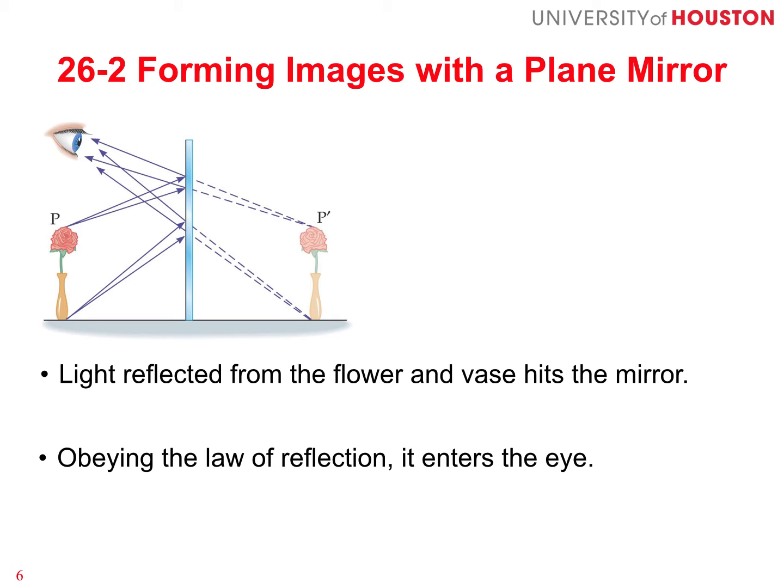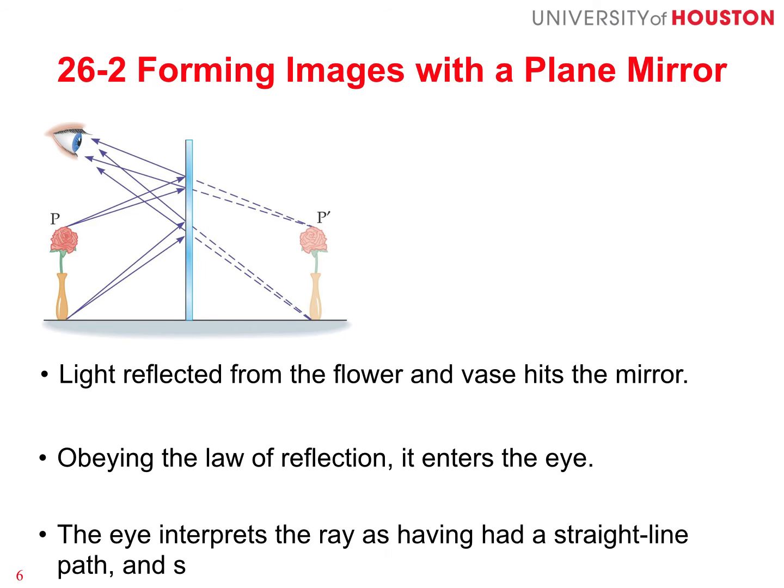All these rays will obey the law of reflection, and what happens is when the eye looks into the mirror, it thinks that the object is at position P dash, not P. The reason for this is the eye interprets light as travelling in a straight line, and because of that, it would assume that the vase, which is at position P, is really at position P dash.